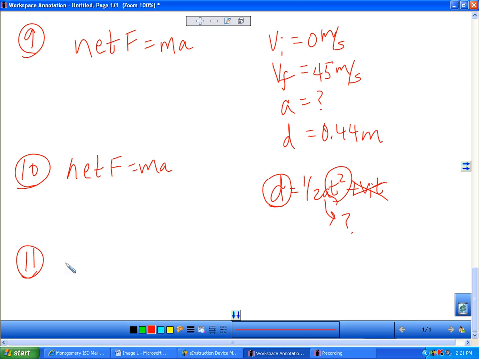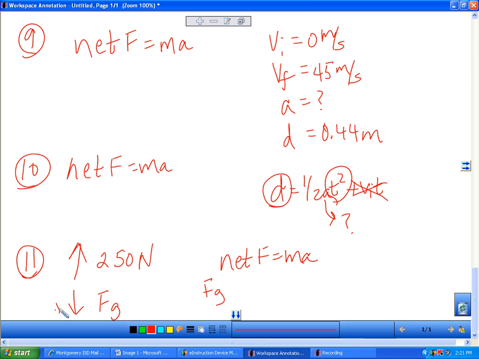Number 11. A rock of 45 kilograms accidentally breaks loose from the edge of a cliff and falls straight down. Air resistance is opposing the motion by acting in that direction for 250 newtons. Gravity is pulling down on it, and they want to know the acceleration. So again, net F equals MA. So we have force of gravity down.